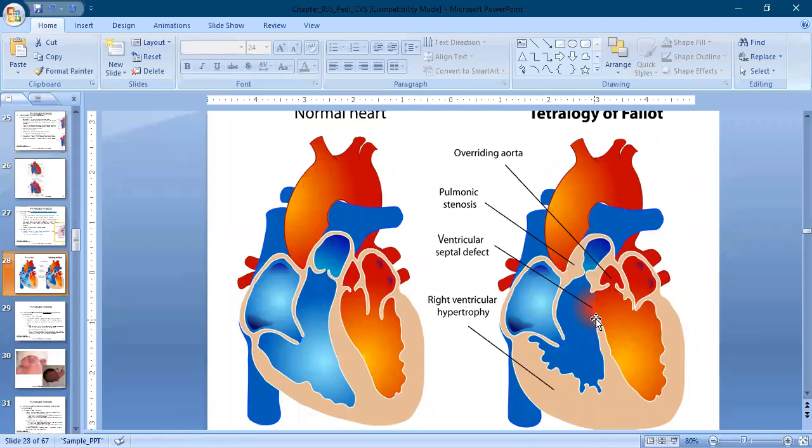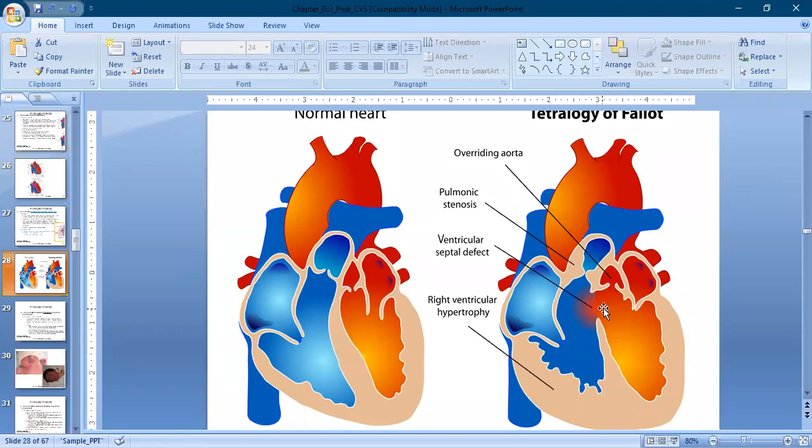Another problem is, as I told you, the right ventricle and left ventricle are separated by the septum. An opening is there and blood is mixing, right? So it is called ventricular septal defect.